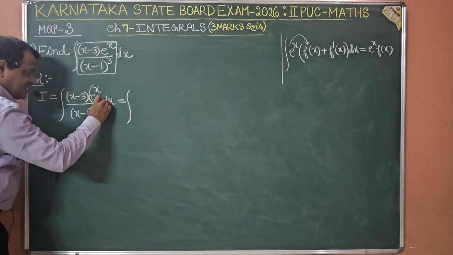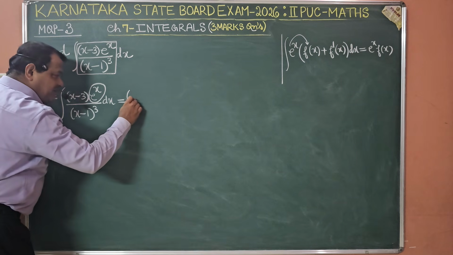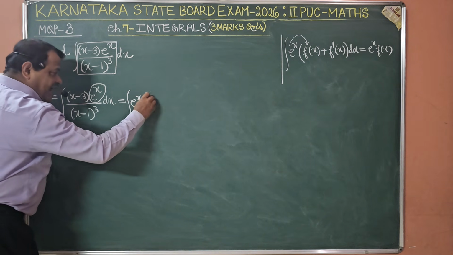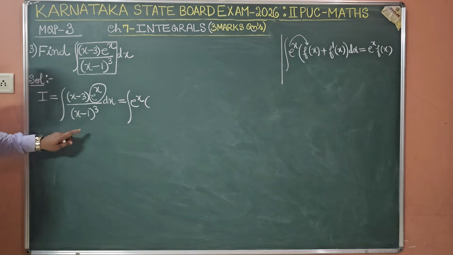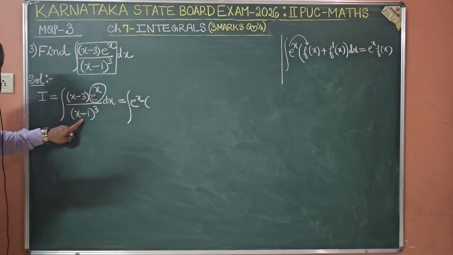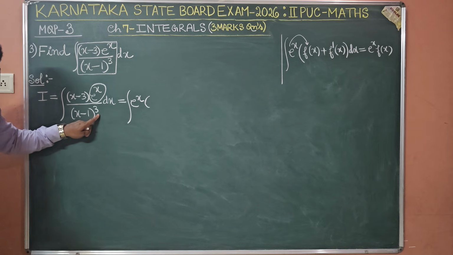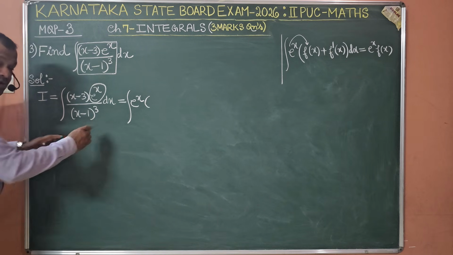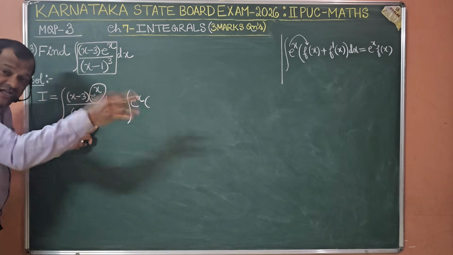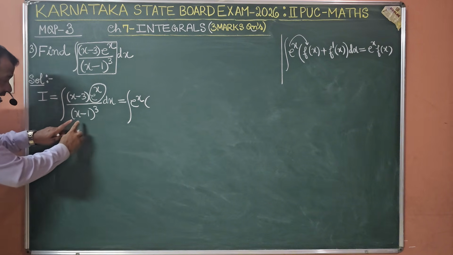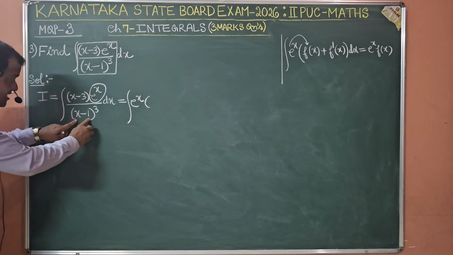First, this e power x, let me write in front. Now please understand this clearly. Observe the denominator. The denominator is x minus 1 whole power 3. In your mind, ignore power 3. What is remaining? x minus 1.